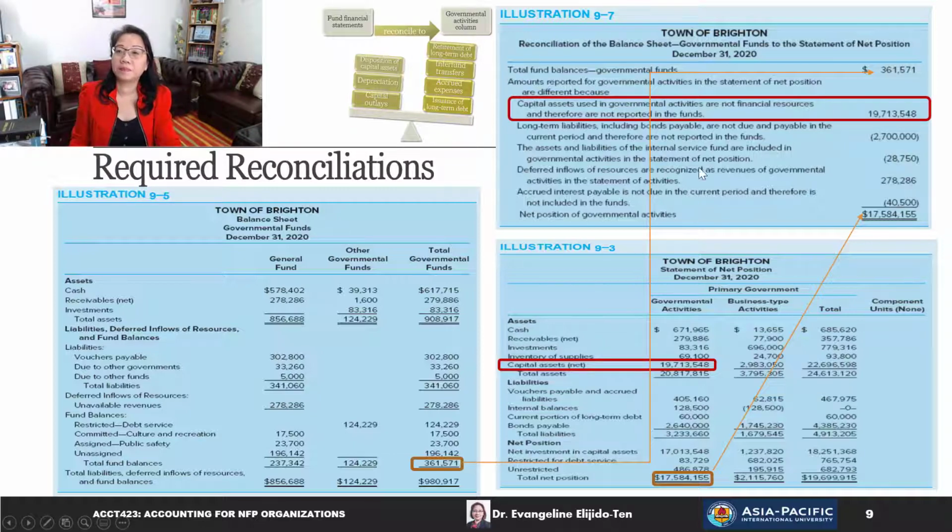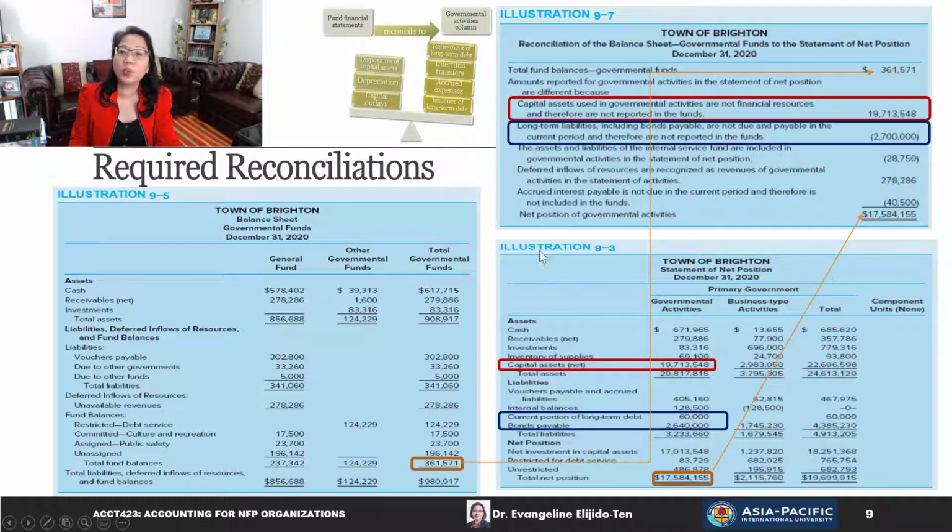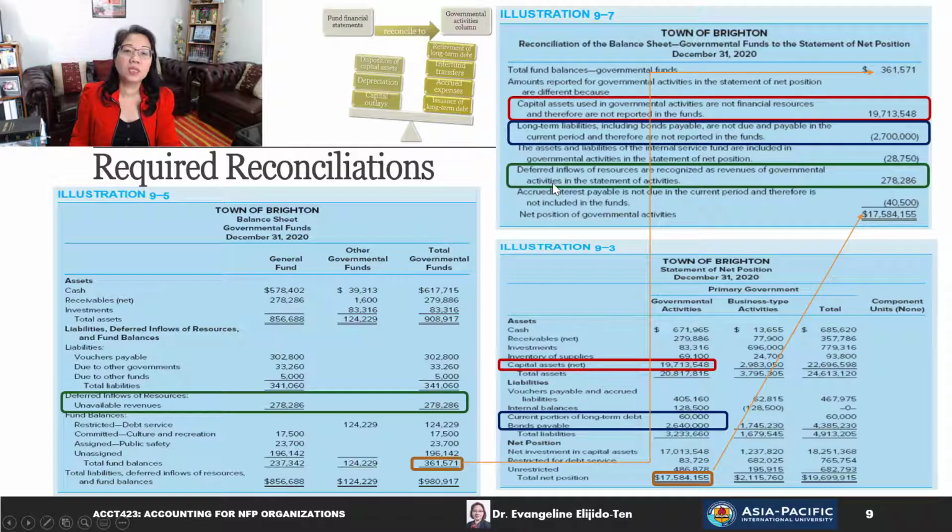All right. Let us also look at the next item, 2.7 million long-term liabilities. We can see that in the statement of net position for the governmental wide statement. So it's the total of bonds payable, 2.64 million, and the current portion of that long-term debt, 60,000. So that has a total of 2.7 million. We can also see the deferred inflows of resources.